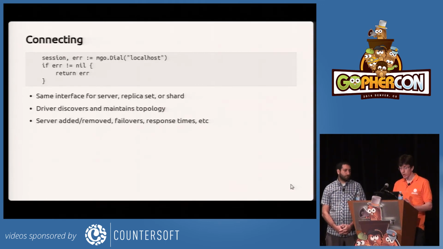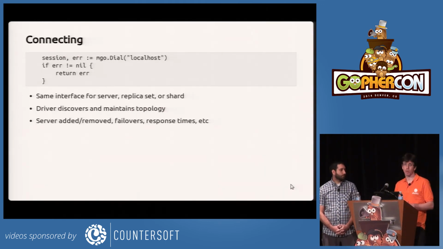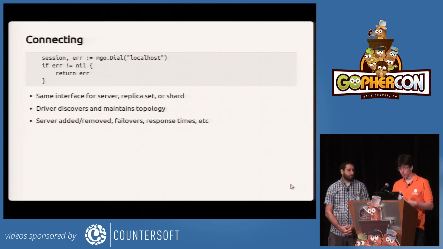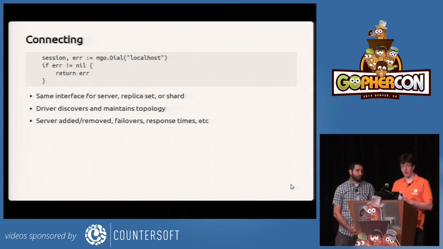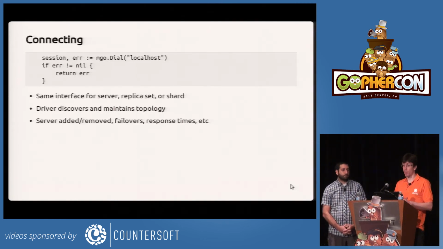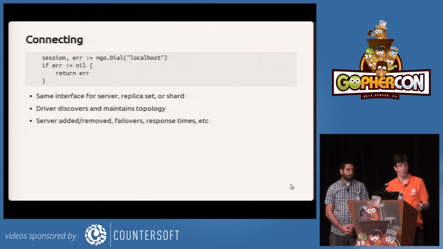So when you connect with Mongo, you dial, which is a usual name for a connecting method in Go, and you use that same interface, which is very straightforward, as it should be, right? Whether you're connecting to a single server, a replica set, or a sharded deployment with several machines, it's the exact same thing.